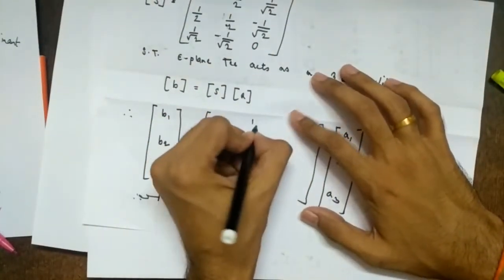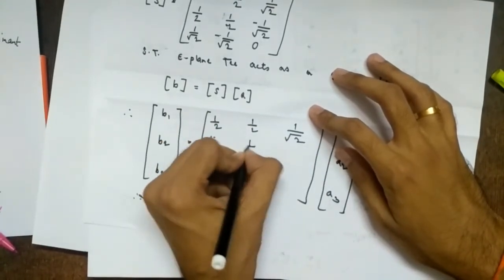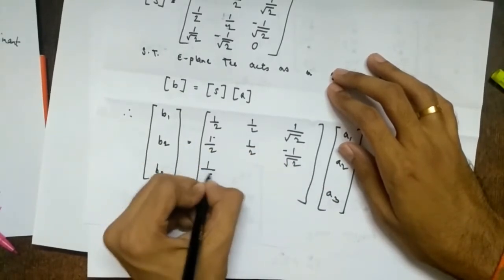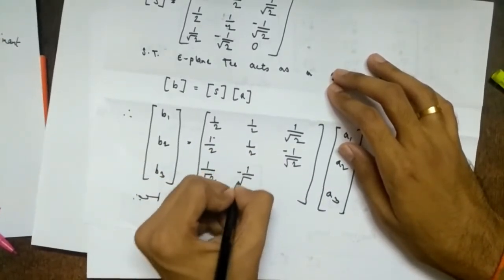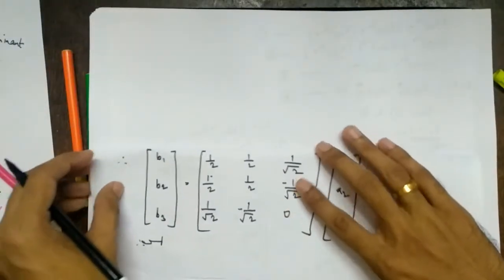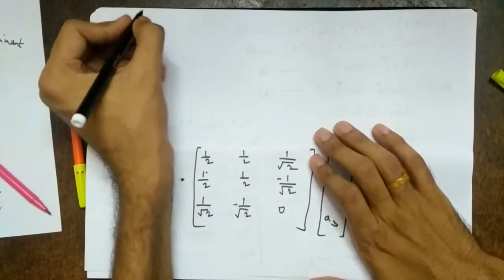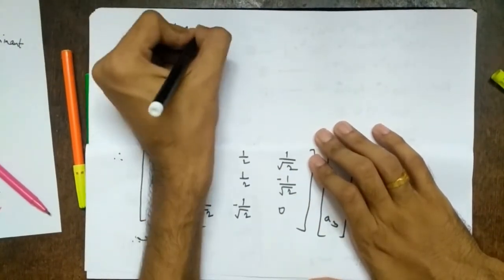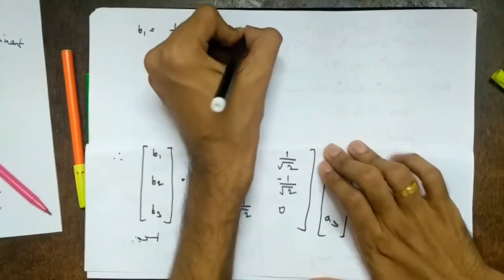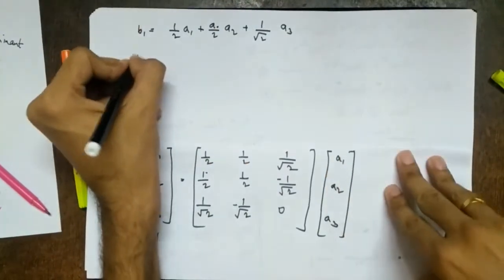Okay, so I'll write that matrix, it is required. So 1 by 2, 1 by 2, 1 by root 2, 1 by 2, 1 by 2, minus 1 by root 2, 1 by root 2, minus 1 by root 2, 0. Right? So what we will get? B1 equal to 1 by 2 A1 plus 1 by 2 A2 plus 1 by root 2 A3.